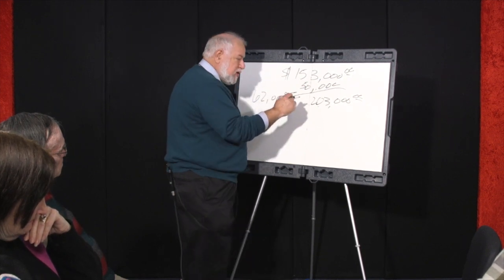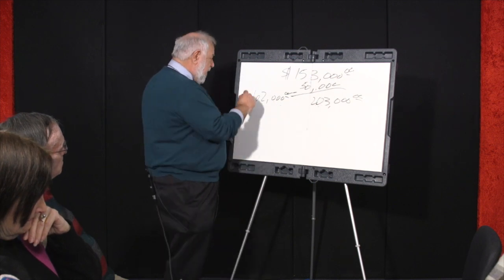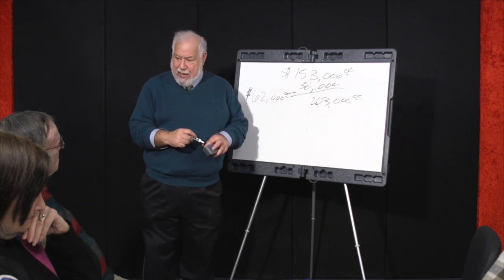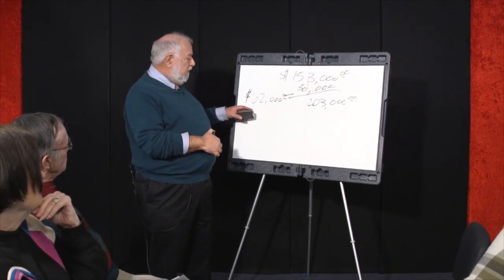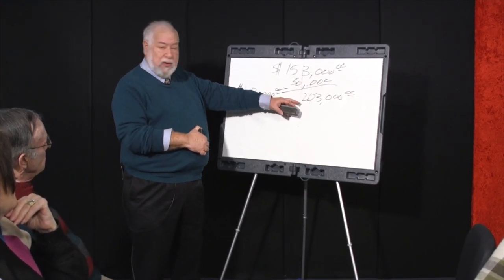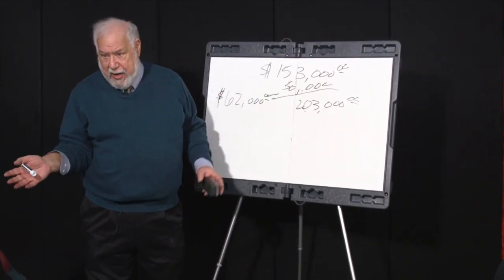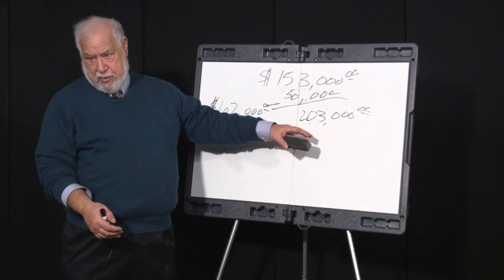So instead of bringing $203,000 to the table, they bring $62,000 to the table. They buy the house with a reverse mortgage. They put $62,000 down. The reverse mortgage lender holds the note for the balance. So at closing, just like any other bank, they're going to pay the difference between the down payment and the purchase price.